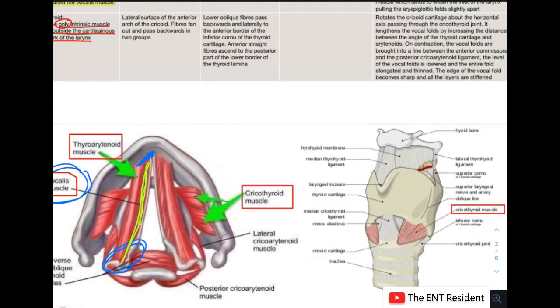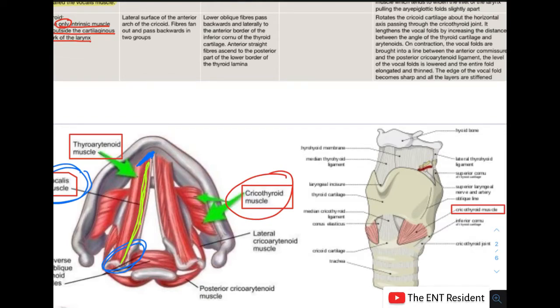You can see over here, this is the cricothyroid muscle. The lower oblique fibers pass backwards and laterally to the anterior border of the inferior cornu of the thyroid cartilage. The anterior straight fibers ascend to the posterior part of the lower border of the thyroid lamina.